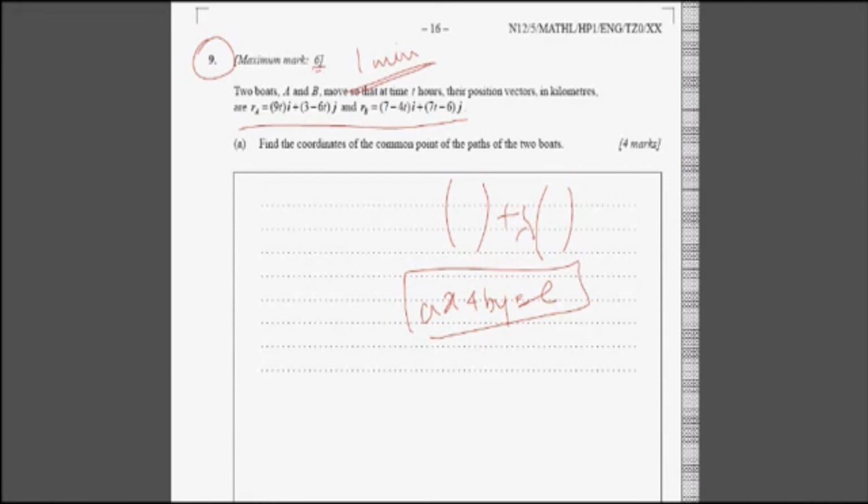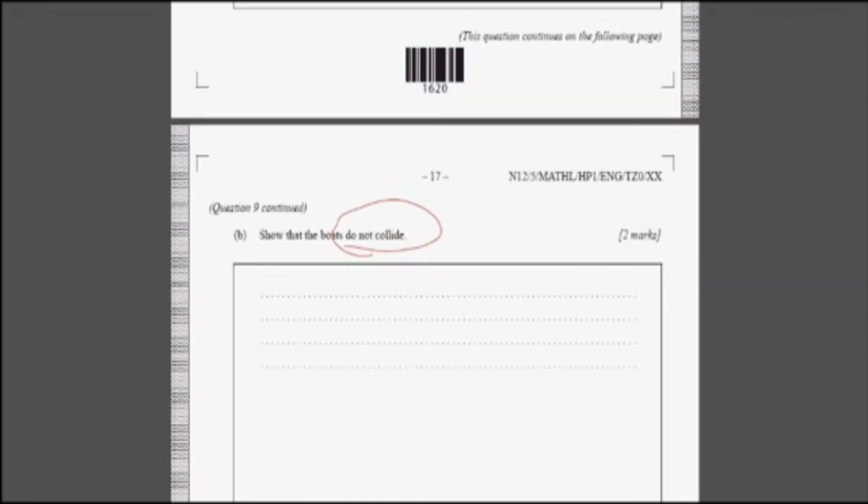Once you read the questions, A and B move so that at time t hours, their position vectors in kilometers, t is in hours. All these things are very important. And then there is a part B, do not collide. Do not collide is a very special case of vectors. Do not collide is when t1 is not equal to t2. And if you don't know this, then just don't look at the marking scheme and say, oh, okay, t1 not equal to t2.